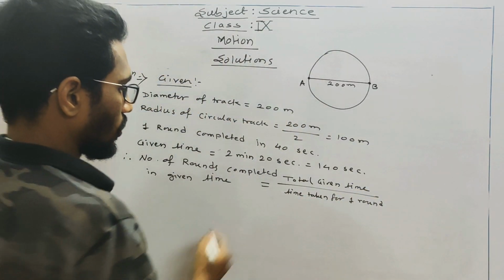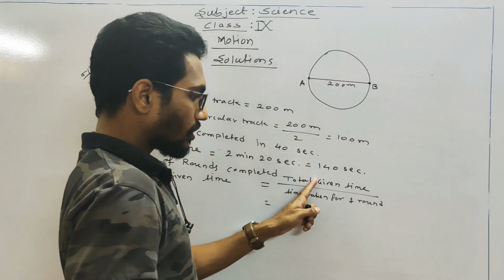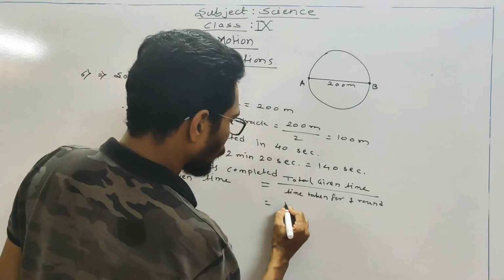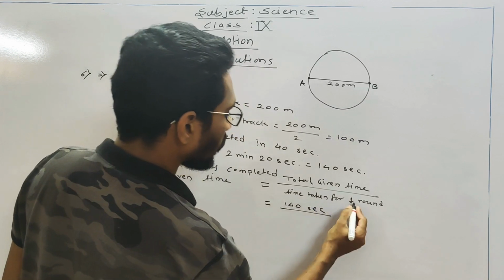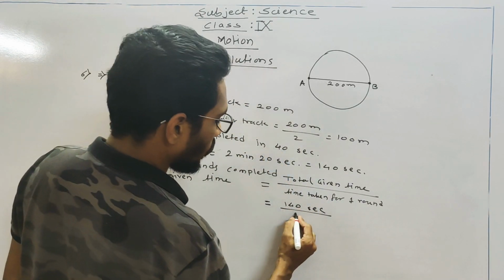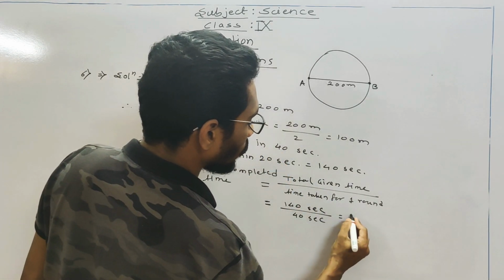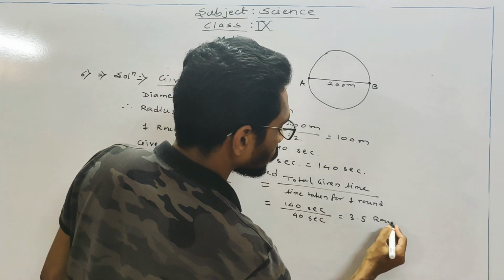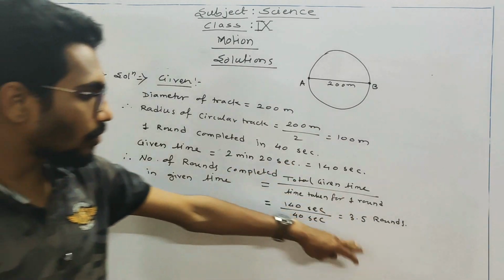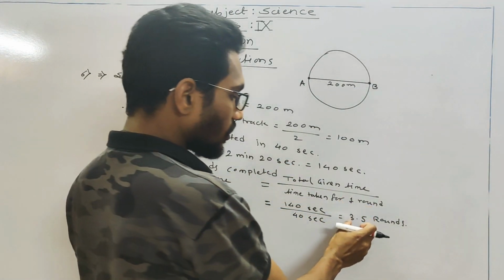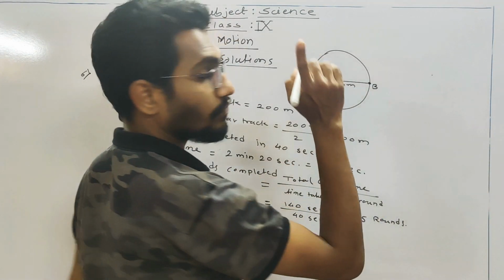Yes or no? How much is the total time and how much time does one round take? So total time 140 seconds by time taken for one round will be 40 seconds, that is equal to 3.5 rounds. Yes or no? Now you have to calculate the distance travelled in this 3.5 round. Means 3.5 means what?